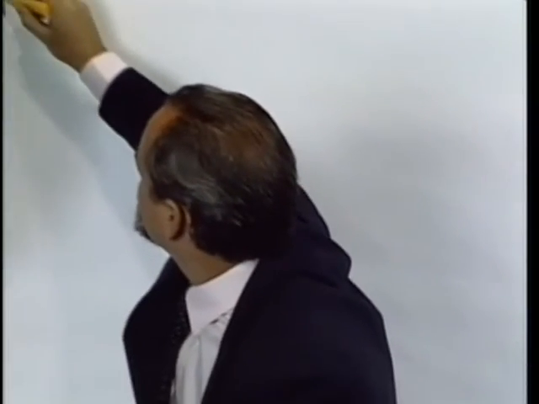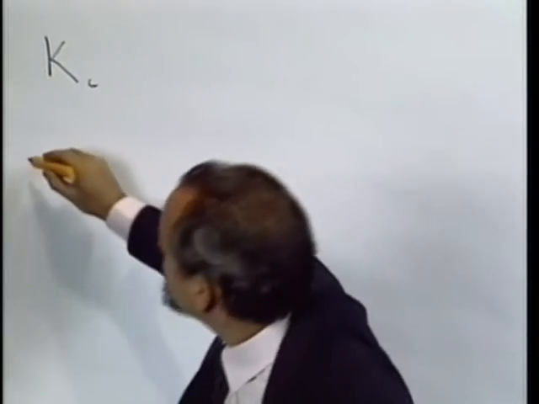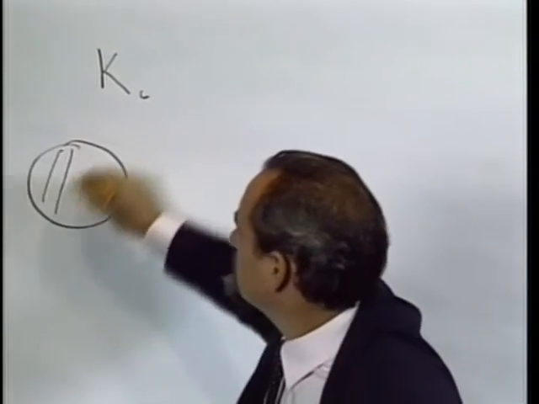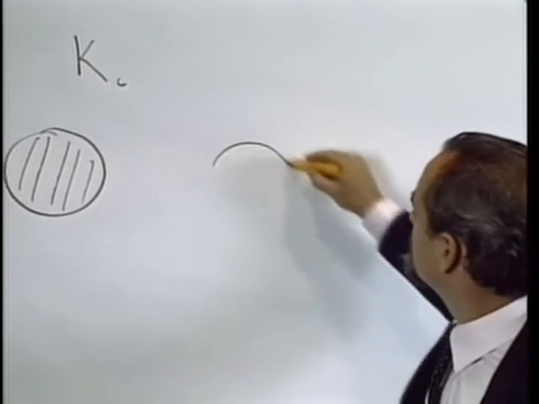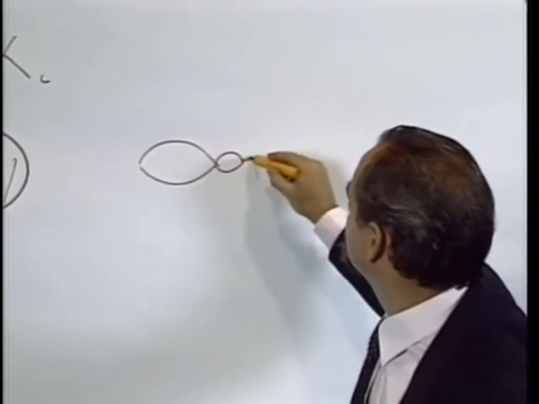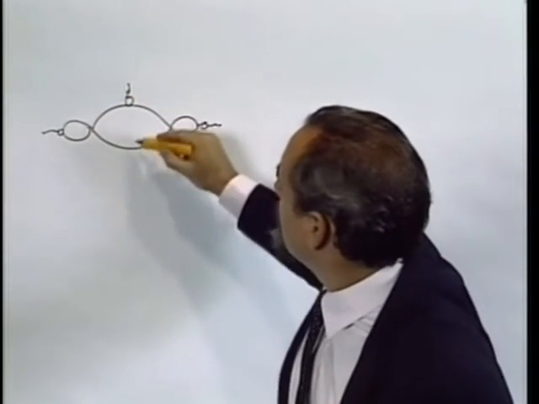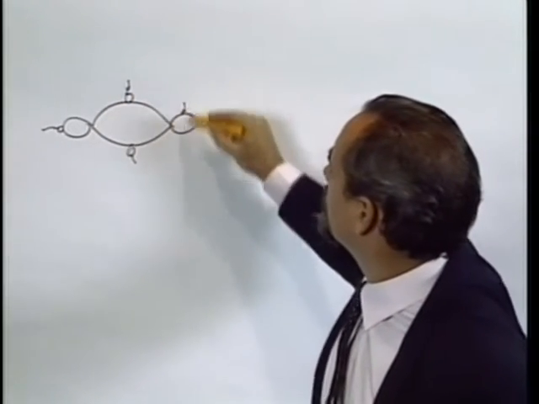We have been seeing pictures of these sets K_c. There is the really simple one, the closed unit disk, but we've seen lots of others. Some that look like this, infinitely complicated but still more or less understandable.